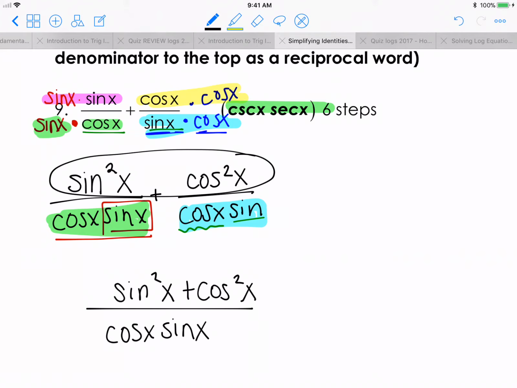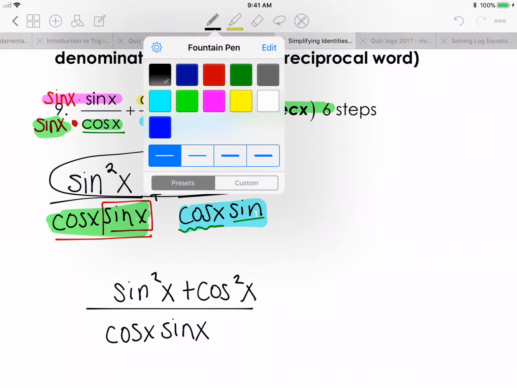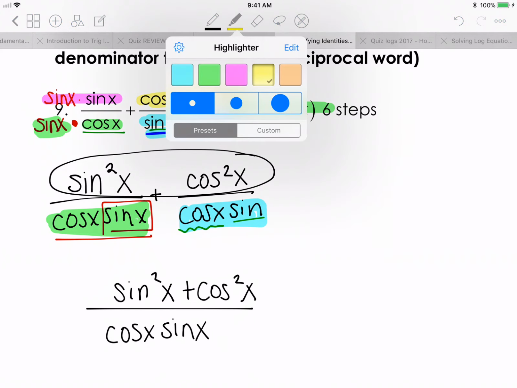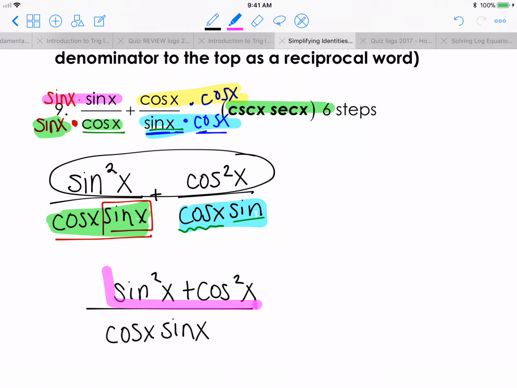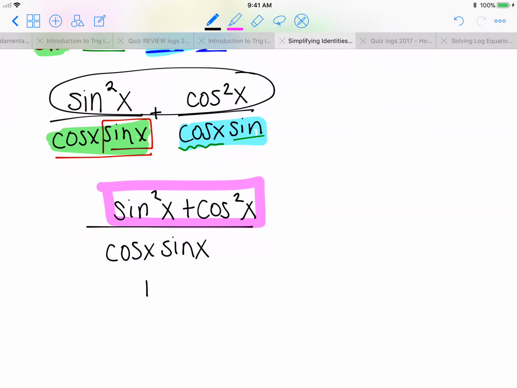So go ahead and look at your identities note cards, and what is sine x squared plus cosine x squared? What is this? Well, I'm hoping everybody said 1. So 1 over cosine x times sine of x.